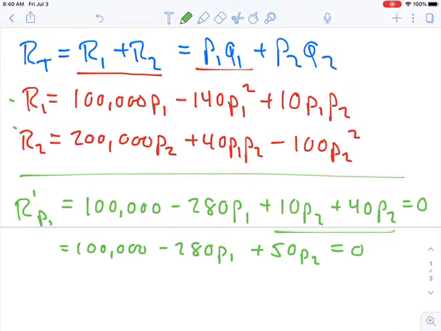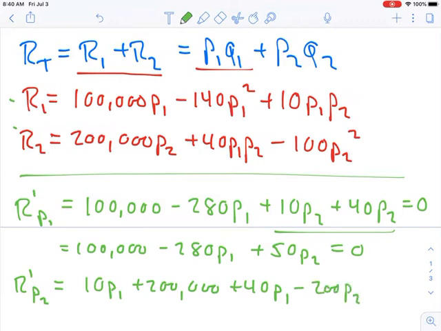Well, now we want to find the derivative of r with respect to P2. So that's going to give us 10 P1 and 200,000 plus 40 P1 minus 200 P2. And we can combine these two terms.